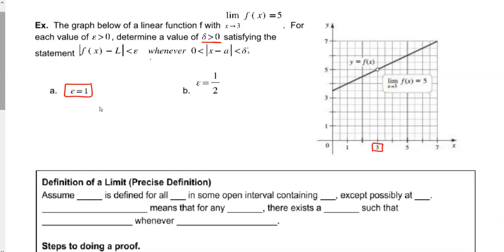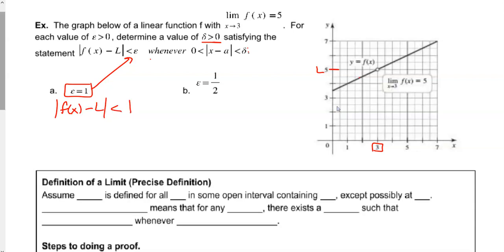Now, the distance between f of x and L, where is f of x? Here's our limit, L, and f of x. If I enter this in here, the absolute value of f of x, which is changing, minus our limit value has to be less than 1.